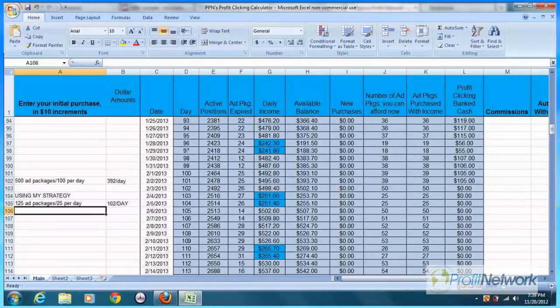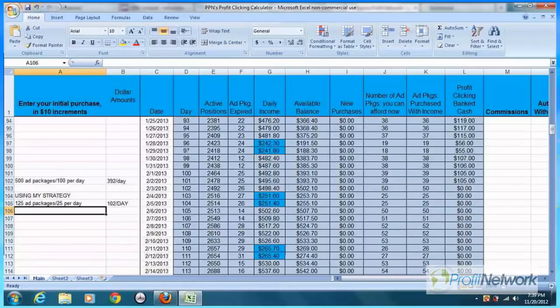But for me, my goal was to be able to withdraw $100 a day. In order to withdraw $100 a day, I have to maintain a 25% withdrawal, 75% repurchase in order to maintain my account and continue to grow my account.